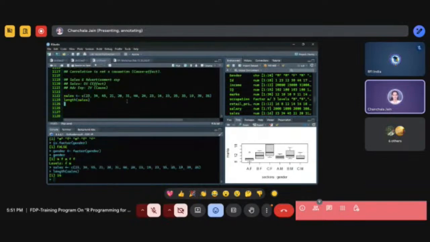So 16 I have taken. I am removing one. Suppose now I have a total of 15 observations for sales. Next, I am creating advertisement expenditure.